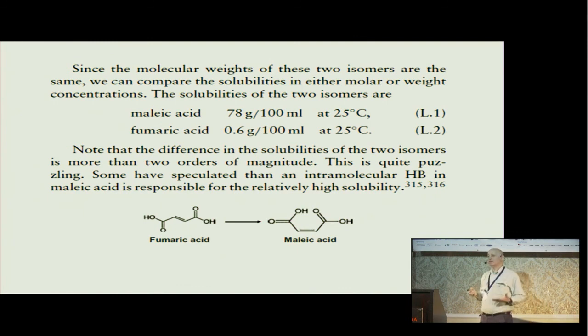Now, if the only reason for the large solubility of protein was the number of hydrophilic groups, here we have the same number of hydrophilic groups. However, the conformation is different. And the difference in conformation results in a difference in solubility by a factor of 100 in favor of this.